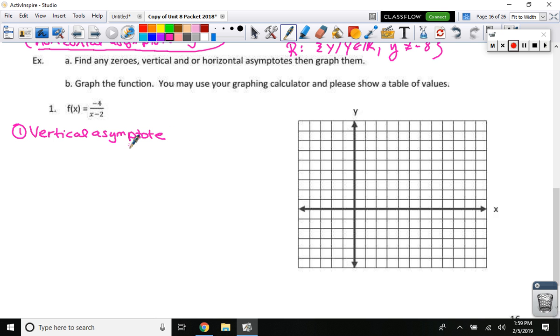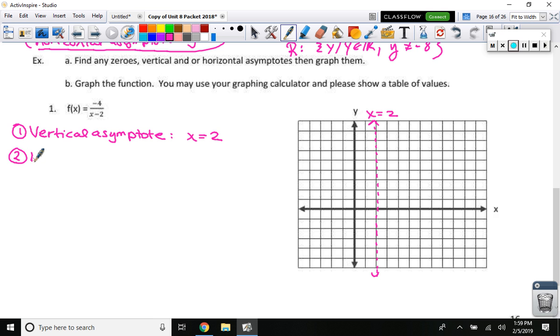Where is this going to be undefined? X equals 2, right? Okay, so then I go over to my graph, at x equals 2, and I put a little dashed line to represent my asymptote. Okay, there's my vertical asymptote.